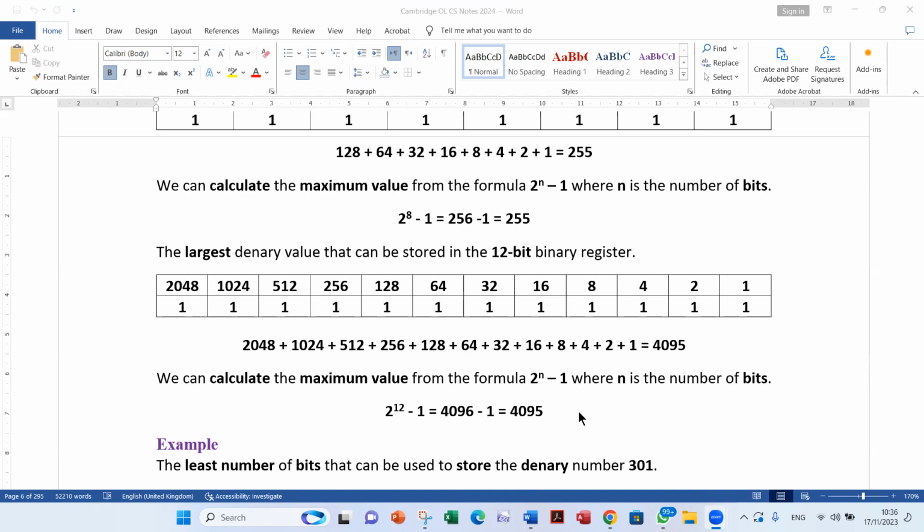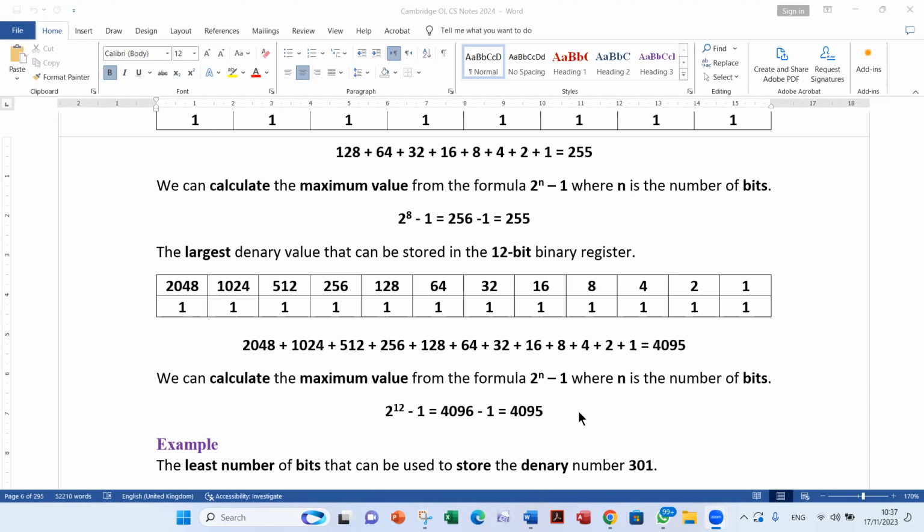We already know that the maximum number that can be stored in 8 bits is 255. So 8 bits will not be enough. Please now try 9 bits, 2 to the power of 9 minus 1, and tell me if 9 bits is going to be enough, because I want the least number.